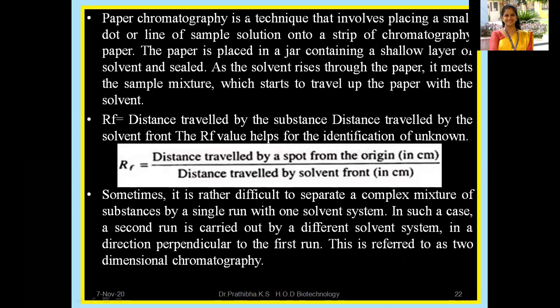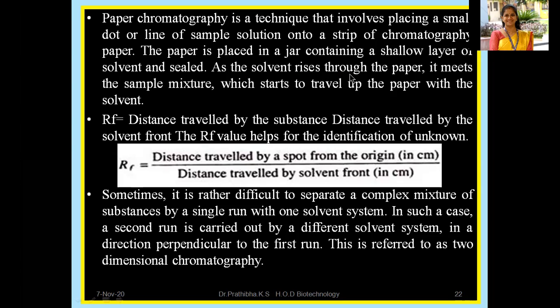The paper chromatography is a technique that involves placing a small dot or line of sample solution onto a strip of chromatography paper. The paper is placed in a jar containing a shallow layer of solvent and sealed.